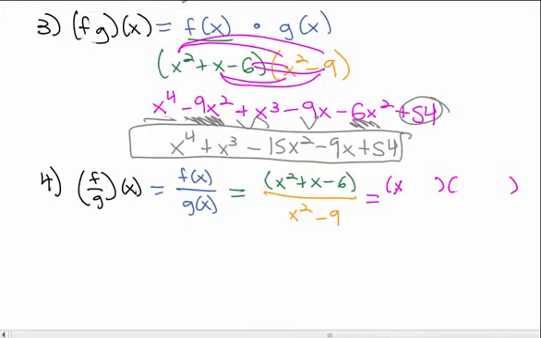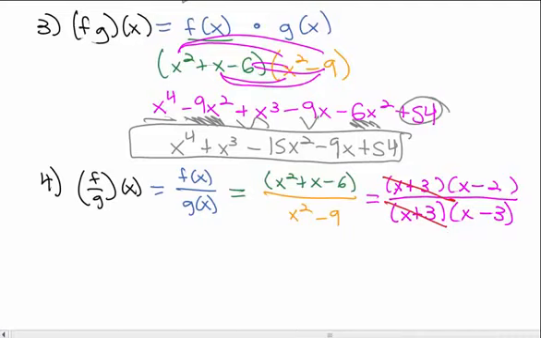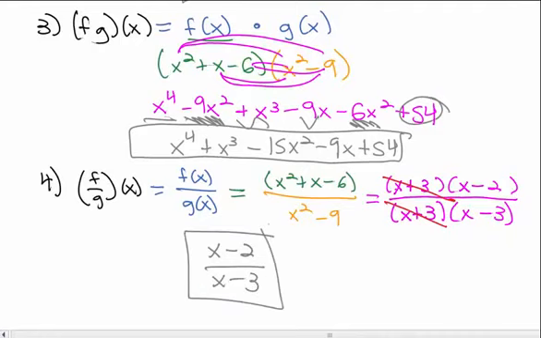The numerator is x plus 3, x minus 2. The denominator is a difference of squares, x plus 3 times x minus 3. And we see those x plus 3's can divide out. And so we have our final solution for the quotient, x minus 2 over x minus 3.